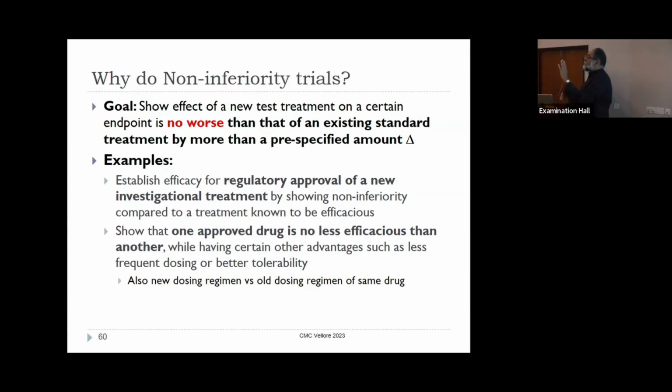So now they want to say, well, I don't want to test superiority. I just want to show that it's not on this side of it. It's not too far this side. It may be on this side, but it's not too far on this side, closer to the other. Okay.